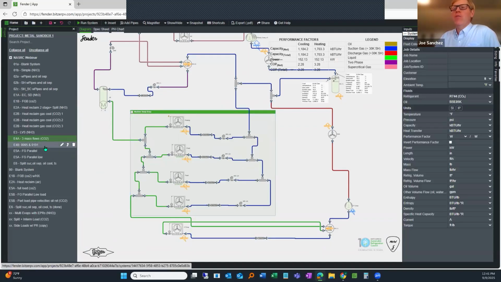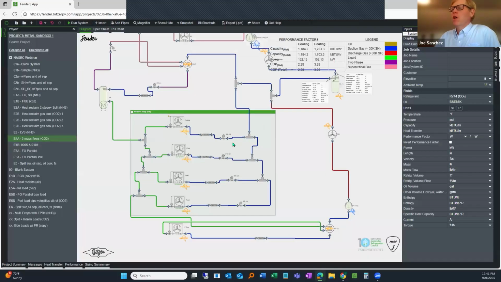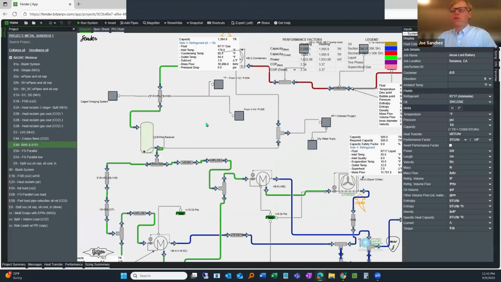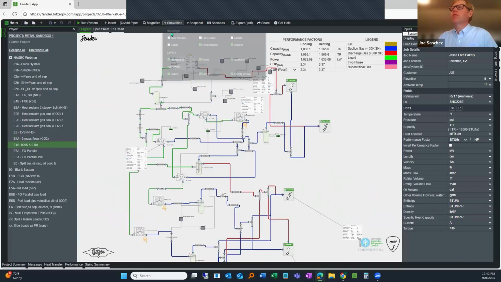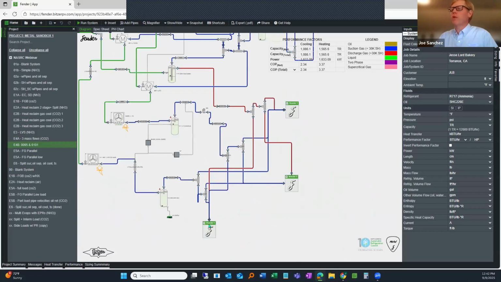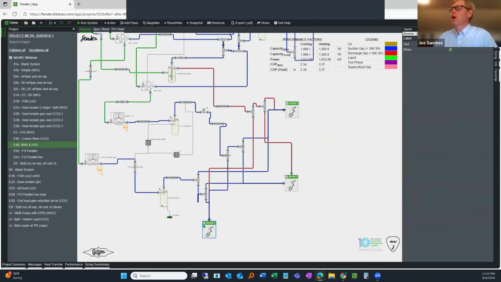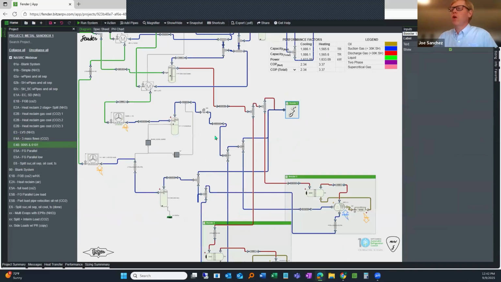For the ammonia side of this exercise, I just thought I'd grab a really big system, just to kind of show how you could have a lot of compressor packages. This has got thousands of tons of cooling going on, and they're all integrated.